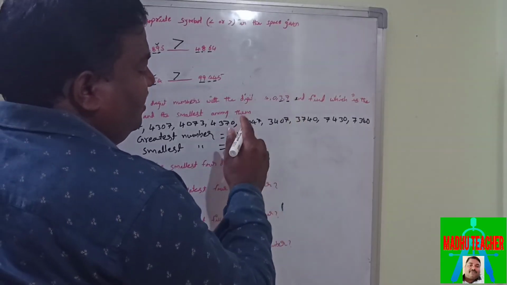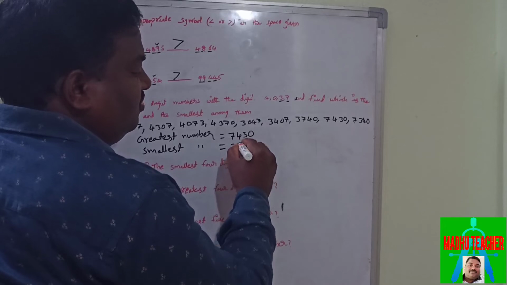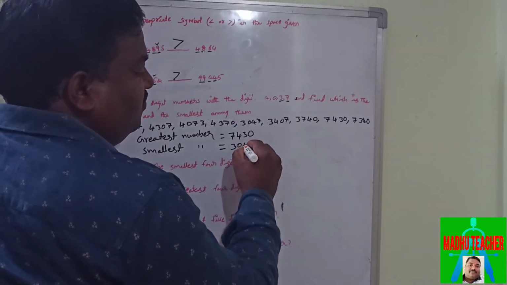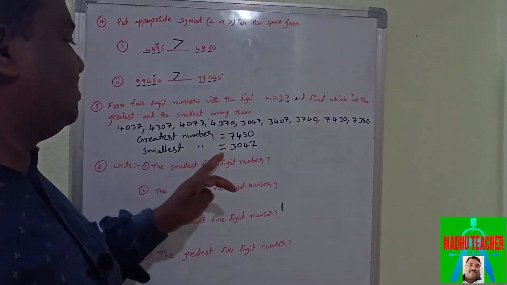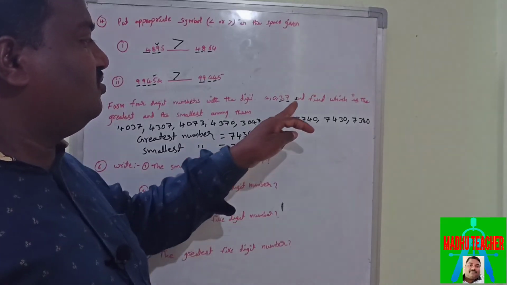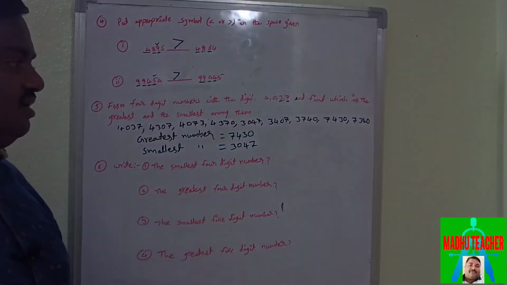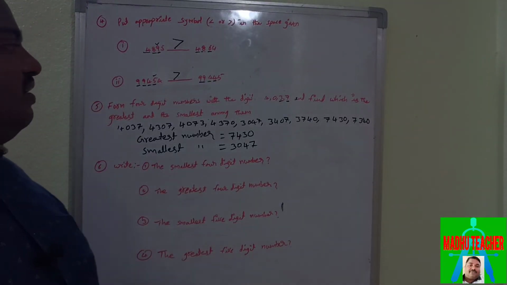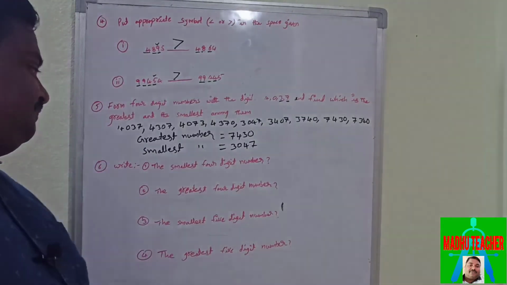You have to write the next smallest number, that is 3. Then we can write 0. Then next smallest 4. Then last 7. So this is the smallest number formed by using these 4 numbers. Okay. So this is the method to form the greatest and smallest number by using given numbers.